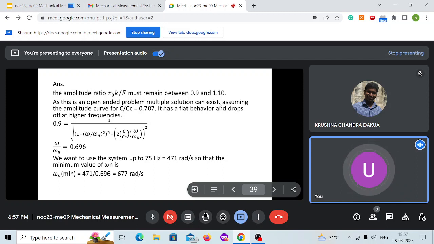We are moving forward, but that could be anything. So for this case, we'll see how to solve this. Because the damping ratio should lie between 0.6 and 0.8, we are taking 0.7.